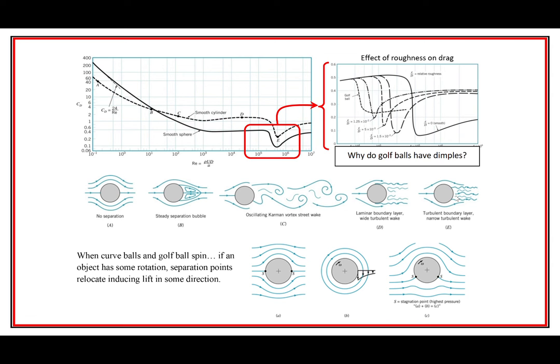It's now gotten smaller when it gets to this little region, and that's that E region right there. So now all of a sudden its drag coefficient has gone down. But we can encourage that to happen earlier if we have the dimples.